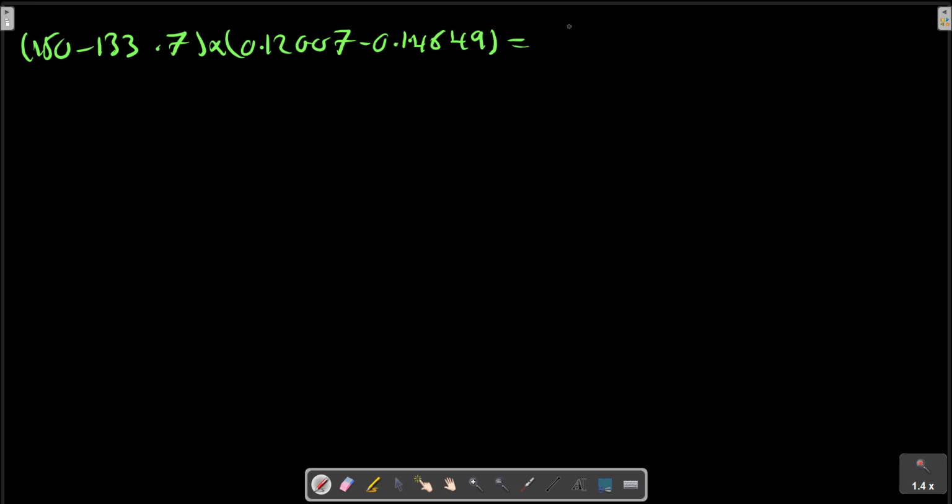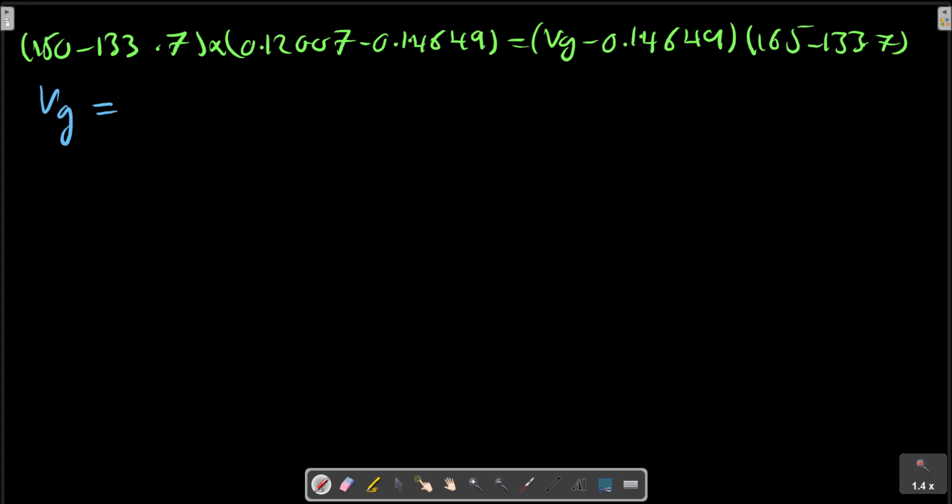With mechanical simplification the relation is as follows, and we can obtain Vg as the quantity at saturated pressure.